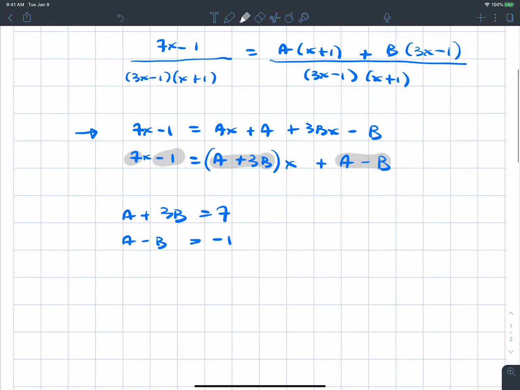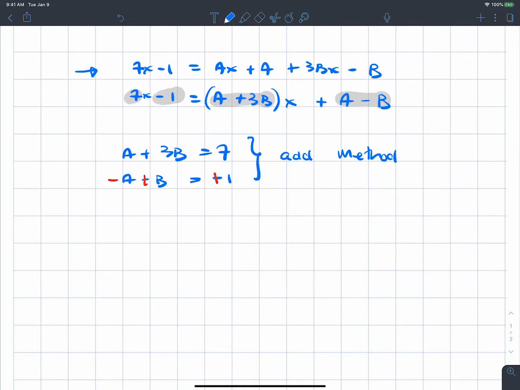So we get two equations, two unknowns. I'm going to say to you guys here, we can actually change our signs, multiply by negative 1, and use what's called the addition method. And by the addition method, we essentially get 4b is 8, or b is 2.